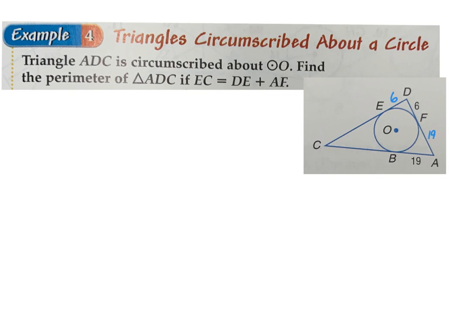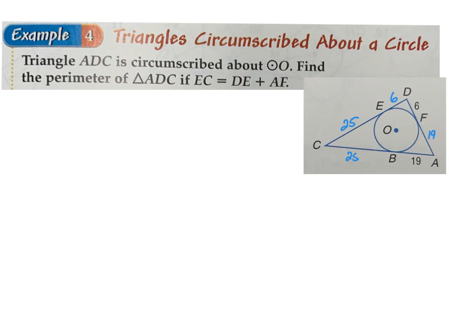All right. And then they have told us information, EC. So from E to C, it is going to be DE plus AF, right? So we know that this part right here is 25. And once again, C is tangent at both E and at B. So what do we know about CB?